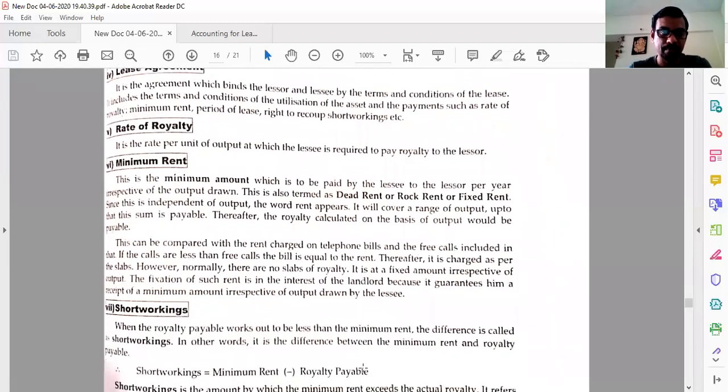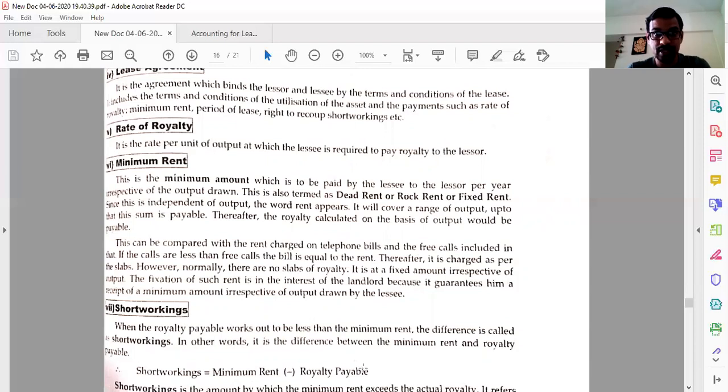The next one is the minimum rate. This is the minimum amount to be paid by the lessee to the lessor per year, irrespective of the output drawn. This is also termed as dead rent, rock rent or fixed rent. Since this is independent of output, the word rent appears.